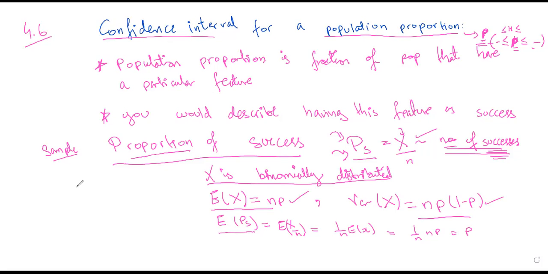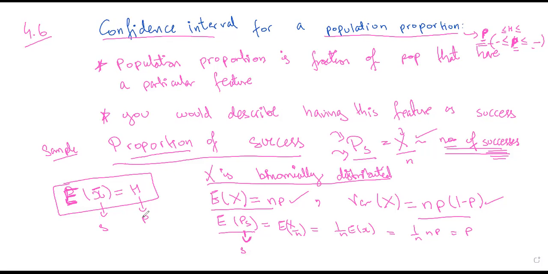I'll try to give you a quick reference. I am not using the eraser because for some reason, whenever I use the eraser, I am not able to write properly. So the expected value of sample mean is equal to mu, right? You know this, right? This was for sample mean and mu is for population. You will see a similar relationship here.